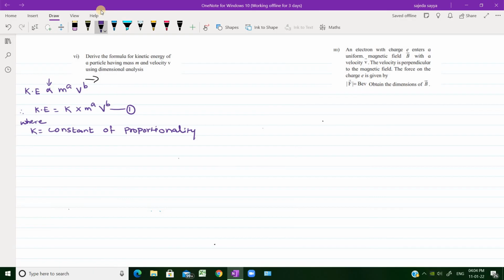Therefore, first of all, let us write the dimensions of all the quantities. Kinetic energy, its SI unit is joules. After expressing it in terms of fundamental quantities, the dimensions of kinetic energy are M1 L2 T raised to minus 2.